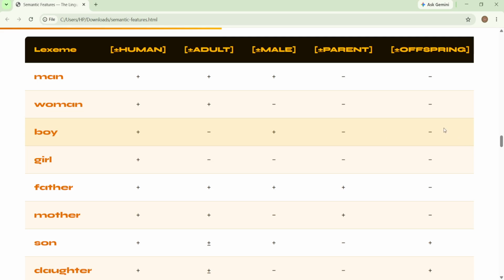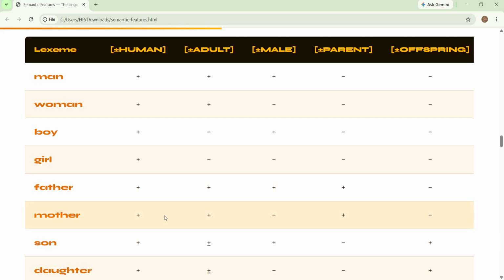Then offspring, we're taking it as a negative because we're only focusing on boy, not their parents. And sibling, which was another heading, is negative too, because not all boys have siblings. Same goes for the girl. Human positive, then adult no, male no, parent no, and others are negative too.